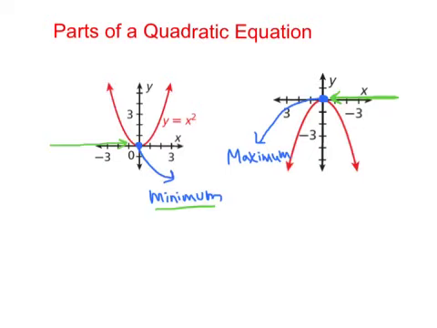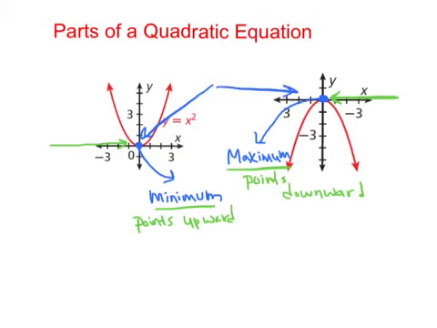So when we have a minimum, our graph points upward, and when we have a maximum, it points downward. We also call both of these points a vertex, and that vertex is either a minimum or a maximum. If it's a maximum, the points don't go any higher, and if it's a minimum, they don't go any lower.